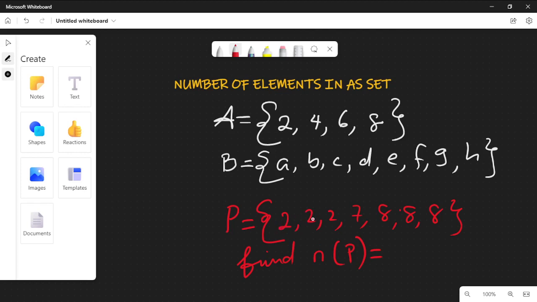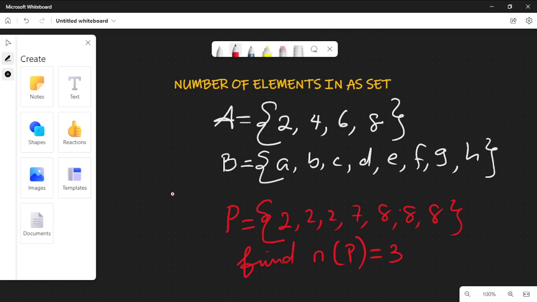Even if the whole element inside this bracket is 2, you just count it as 1. Therefore, these repeated numbers still remain 1. For that reason, this is going to be 1, 2, and 3. So that tells you that the cardinal of P is 3. Is that taken now? A repeated element in a set is counted as 1.